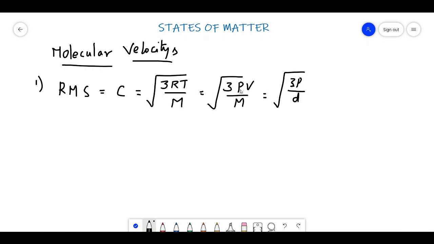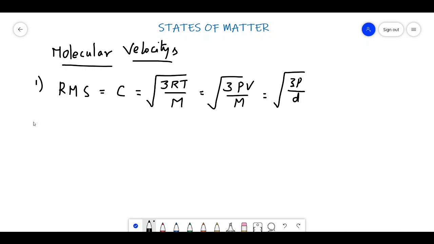So here I am writing this as 3PV by M. And here mass by volume is density, so volume by mass, the molecular mass, you can take as D. So this is equal to under root of 3P by D.